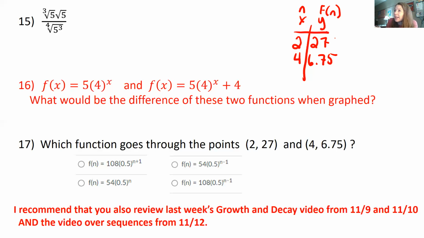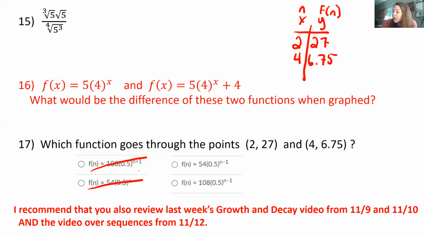Well, that's not the right answer because I'm looking for 27. So A is out. So let's try the second one. 54 times 0.5 raised to the n. Well, the n is 2. That's also 13.5, which is not 27. So that one's out.